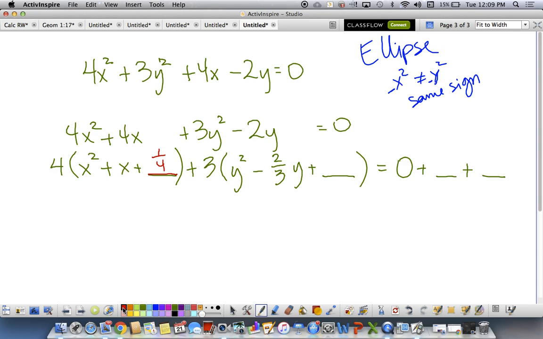But now the question is, what did we really add when we put that 1/4 there? We have a 4 times that. That's when we have to think about it, but we don't have to change what we're writing down. You leave that in that blank, but what you write in this blank needs to be what you really added, which is the 4 times 1/4.